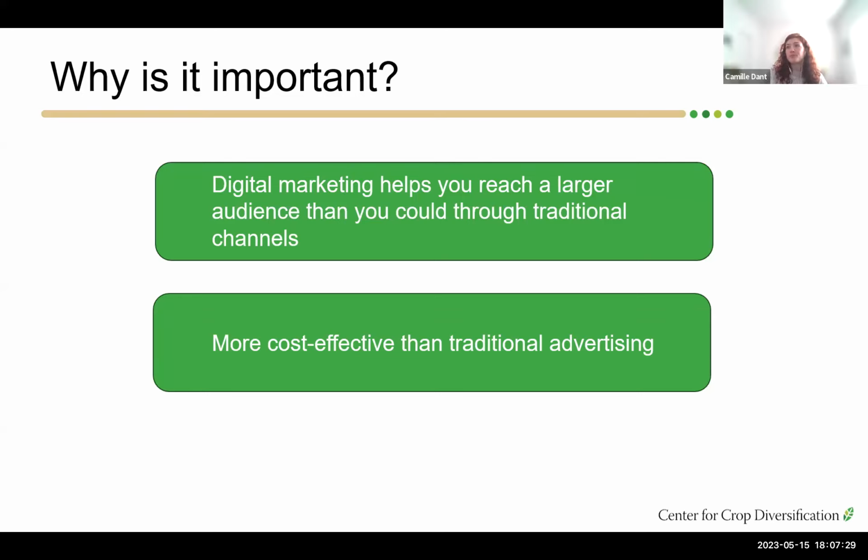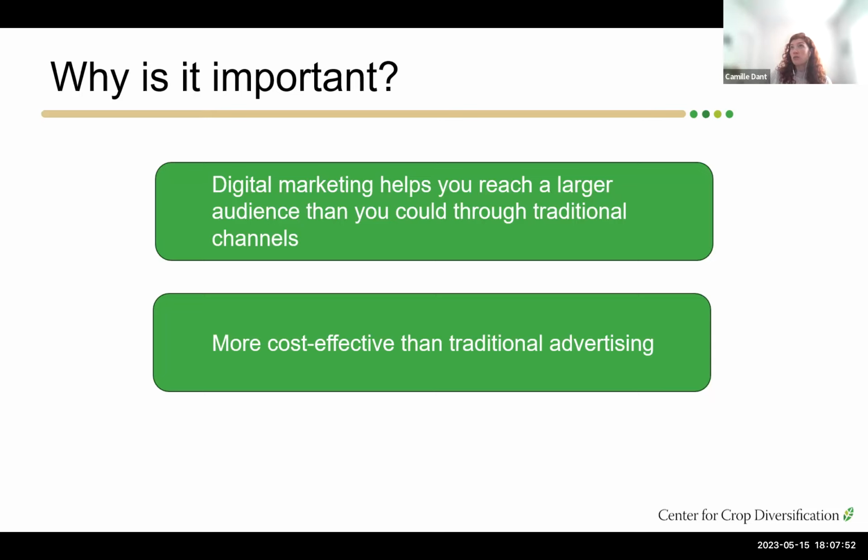So why is it important? Well, digital marketing can help you reach a larger audience than you could through traditional channels. For example, Facebook, use of social media, having a website, having these SEO, search engine optimization tools. It's more cost effective than traditional advertising.